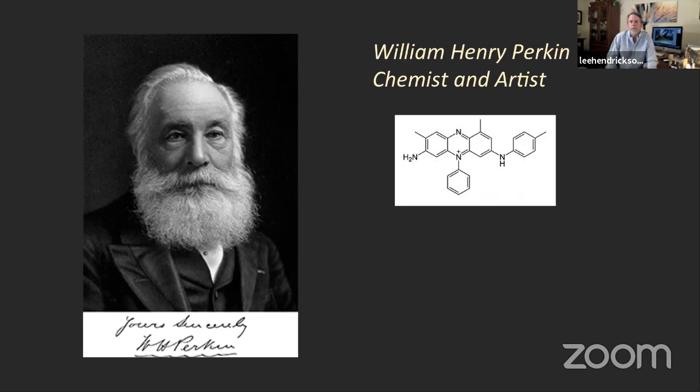He was looking for a synthetic form of quinine. And this was during the time when Great Britain had a lot of influence in India, and malaria was a big problem. So quinine sourcing was also a problem. So he was one of the chemists looking for quinine, how to synthesize it.